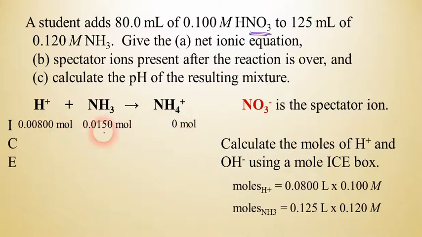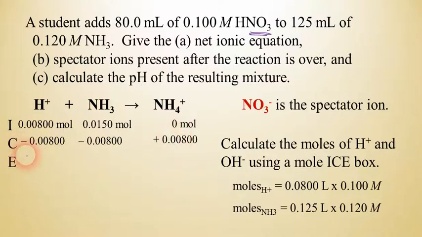And looking at the reactants, we can see that there's less hydrogen ion, so that's going to be the limiting reactant. We can subtract 0.008 moles from both of those reactants, and that means that we're going to add 0.008 moles to the product side, to the ammonium ion.